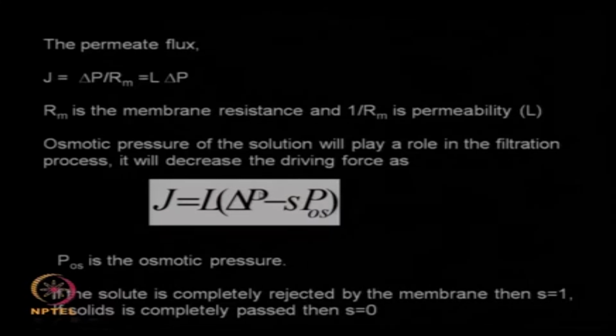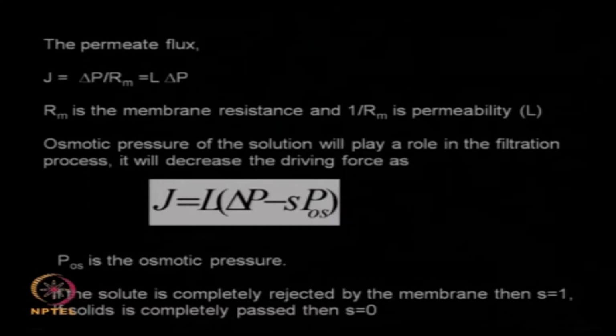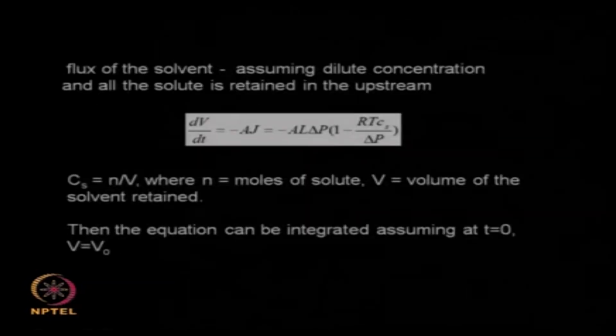So, maximum osmotic pressure is felt and the rate of filtration goes down. So, we will look at some problems on this later. So, the permeability varies depending upon the type of membrane material we use. Different membrane materials may have different L values. Generally the manufacturer provides us with the value for L.